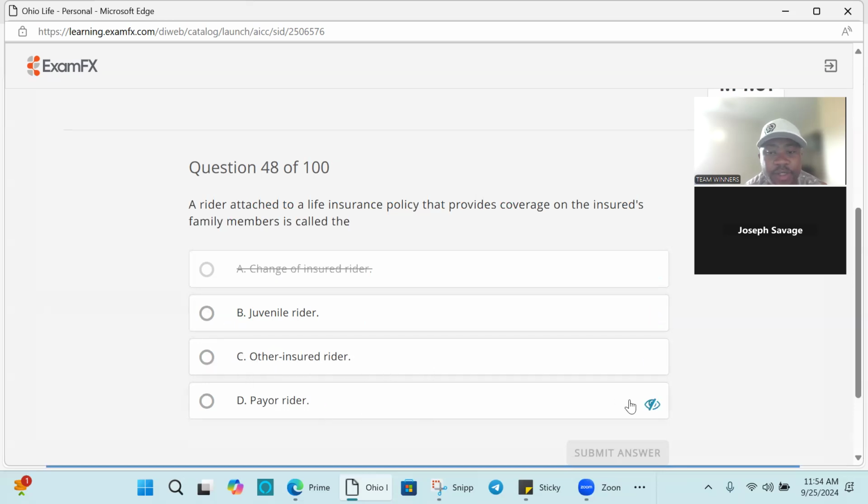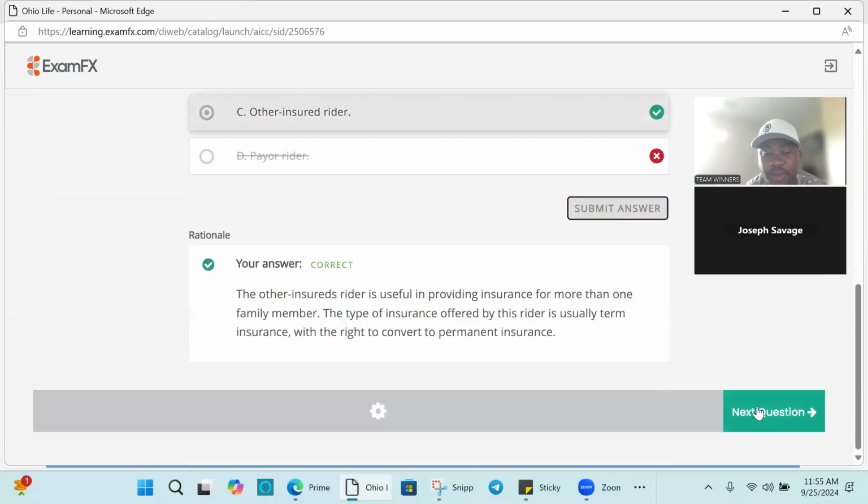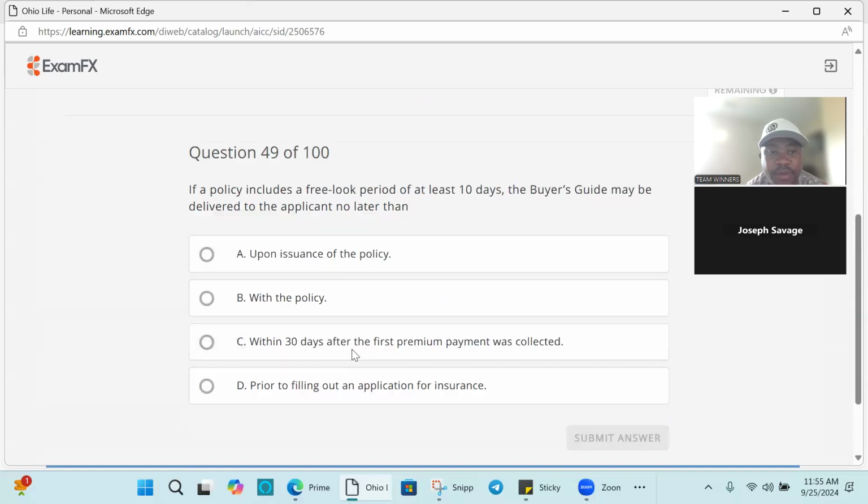A payor rider is just when you pay for a minor, so that's not a juvenile rider either. Sometimes it's called the family term rider. It could be called the other insured rider. In the book it says other insured rider.